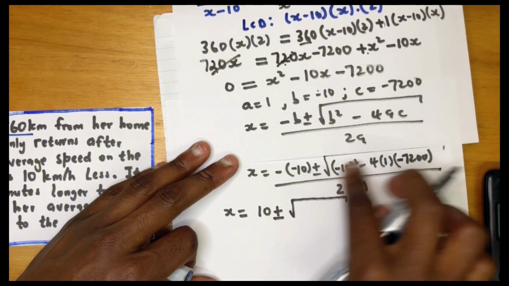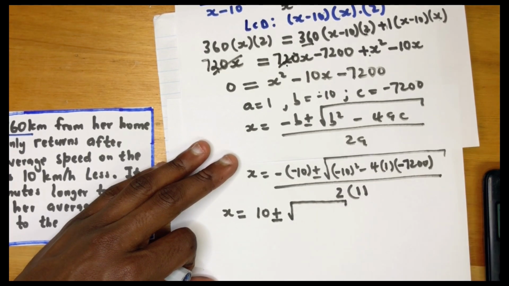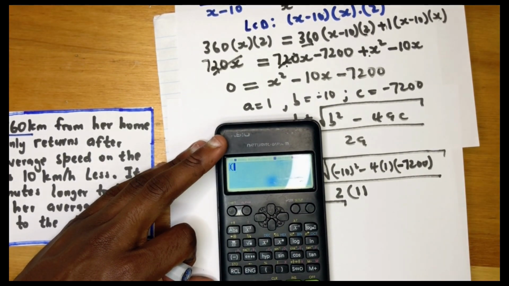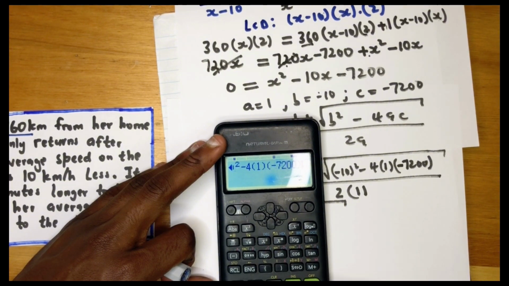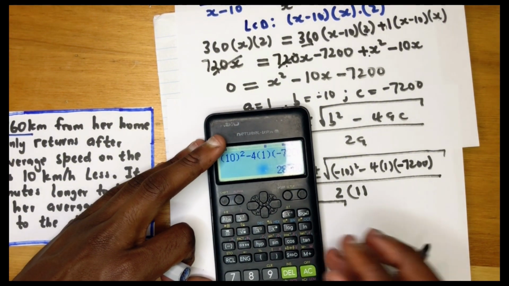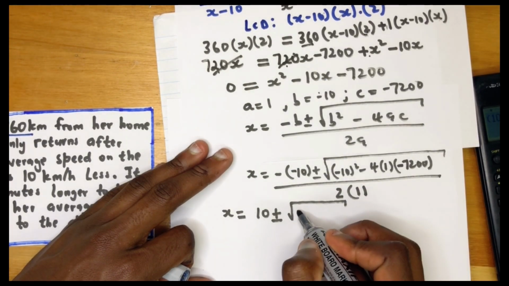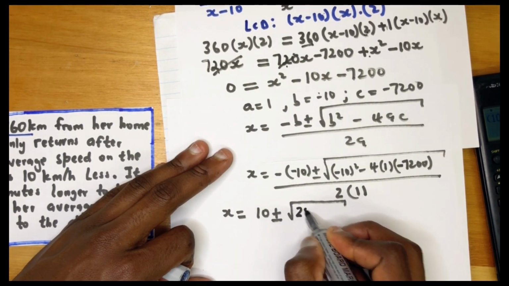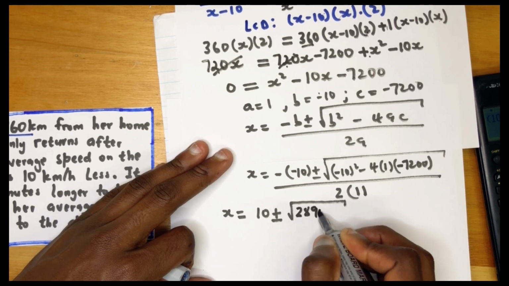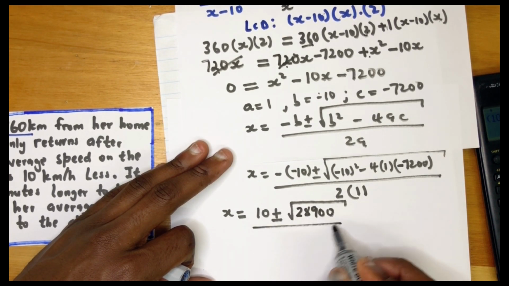Remember, you can simplify what you have under the square root here. So if I press this, 10 squared minus 4 into 1 and then negative 7,200, we get this big number, 28,900, so all over 2.